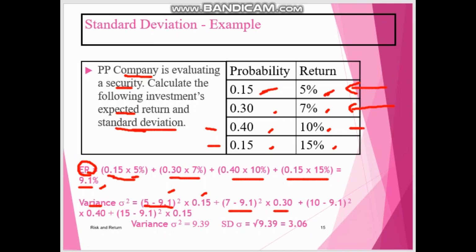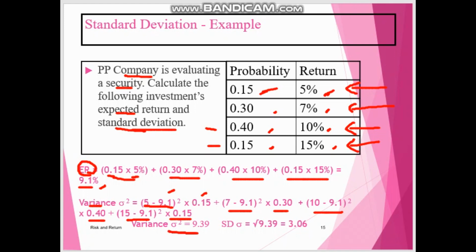Then we add the third one, which is 10% minus expected return 9.1, to the power of 2, times 0.4, our probability. And the last one is 15% minus expected return, to the power of 2, times 0.15.